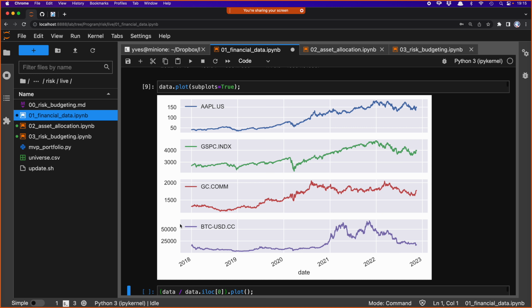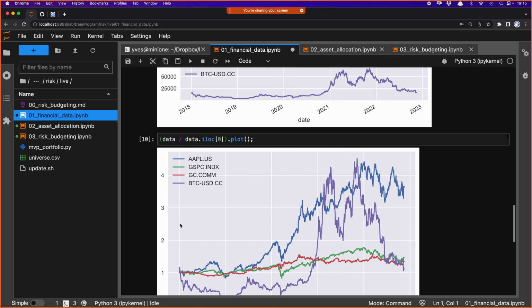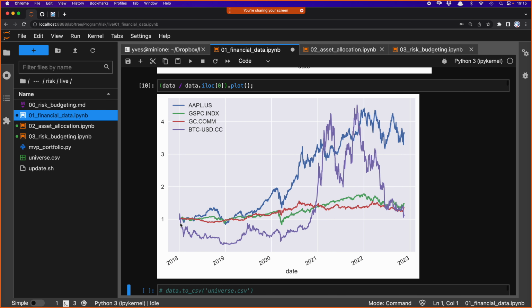Apple, and yeah, the S&P 500. I think that these are very, very standard instruments. And when I plot them in relative fashion, you see the red and the green one is the index and the gold price, so little risk, little volatility. Apple, as a usually well-performing stock on average with a higher volatility, and then we see the highly volatile time series here of Bitcoin. That's the universe, 5 years worth of end-of-day data.